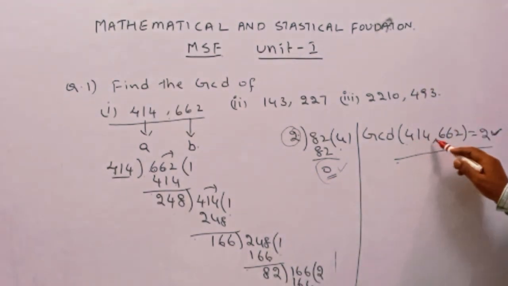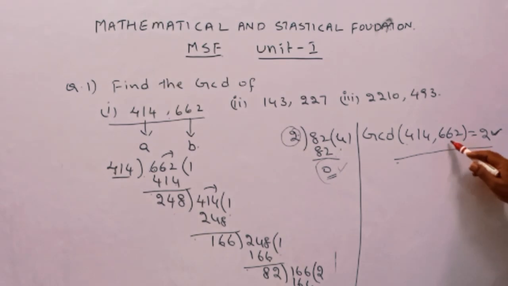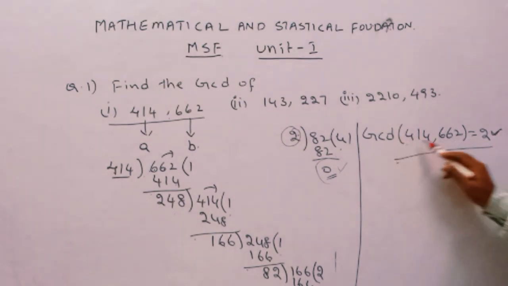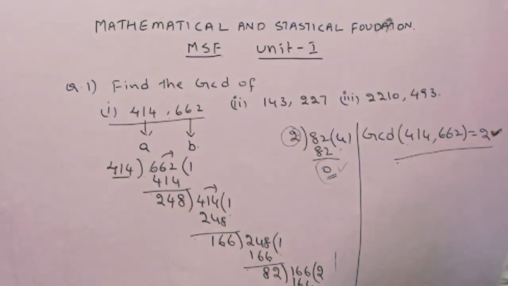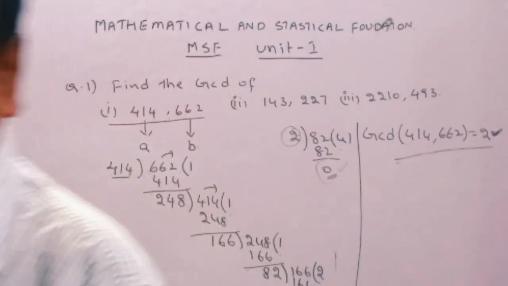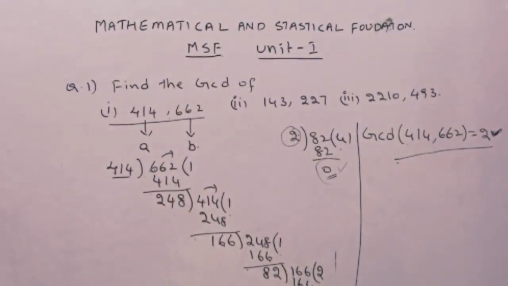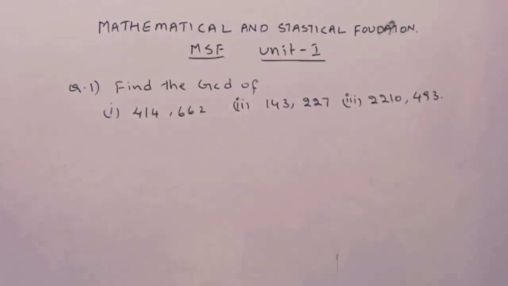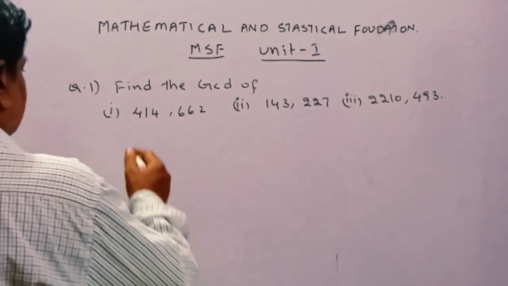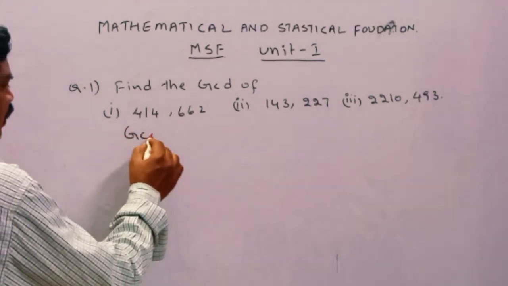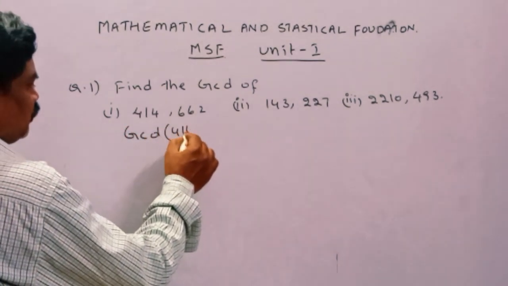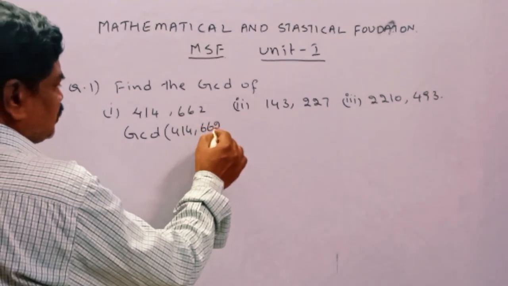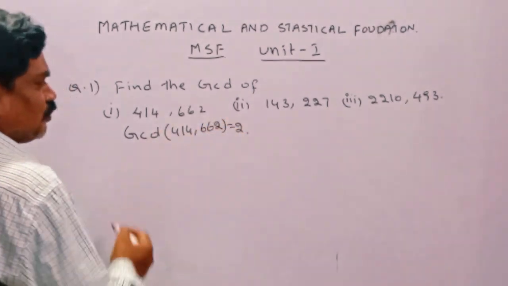Therefore, the GCD of 414 comma 662 is 2. We calculate it as 2.